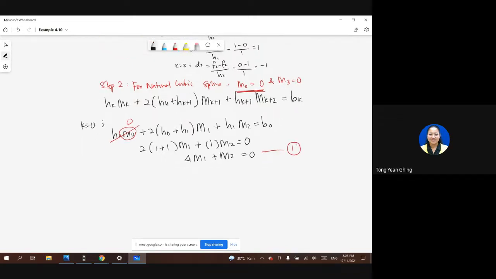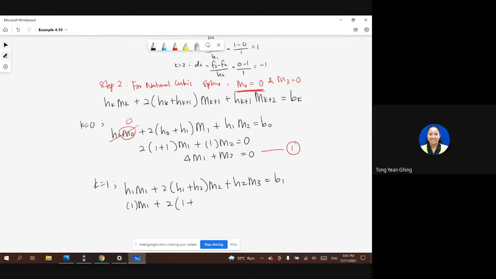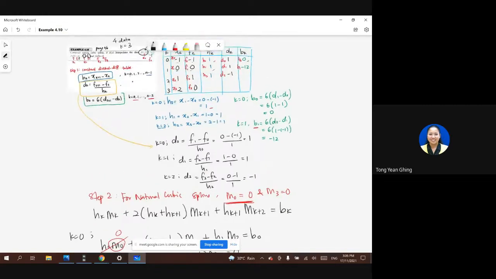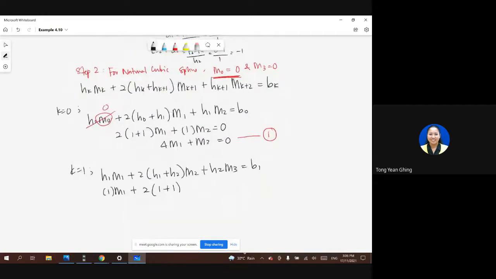Okay, and then we continue with k equal to 1. So H1 M1 plus 2(H1 plus H2) M2 plus H2 M3 equal to B1. H1 is 1, so M1 plus 2(1 plus 1) M2 plus 1 M3.